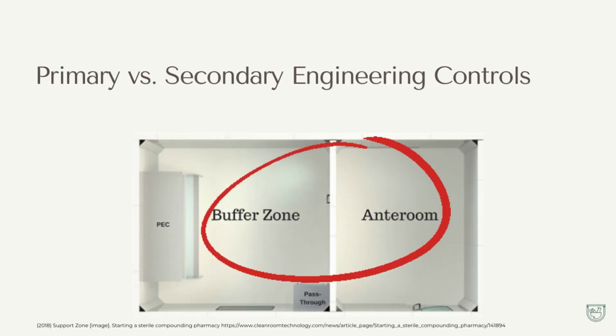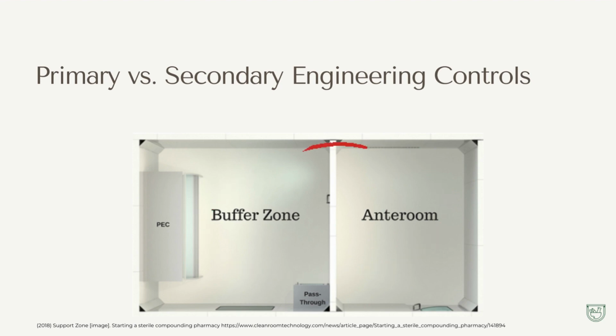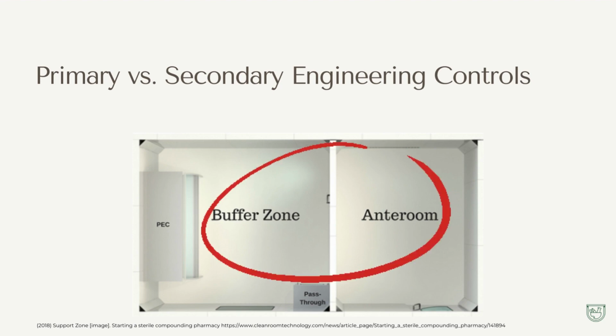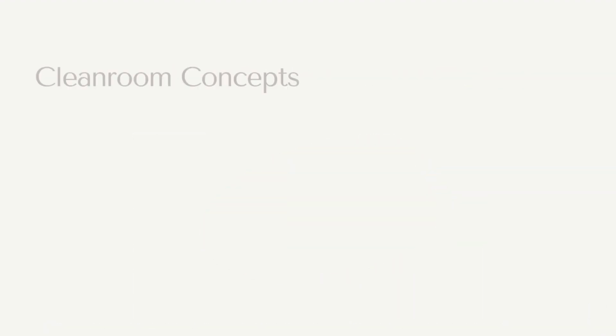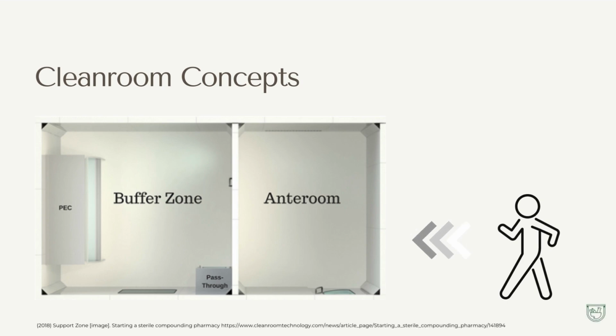Secondary engineering controls would be the controlled areas surrounding your primary controlled area, such as the buffer or clean room and the anteroom. The concept of the clean room is to create clean air to prevent airborne contaminants at rest and during activity.